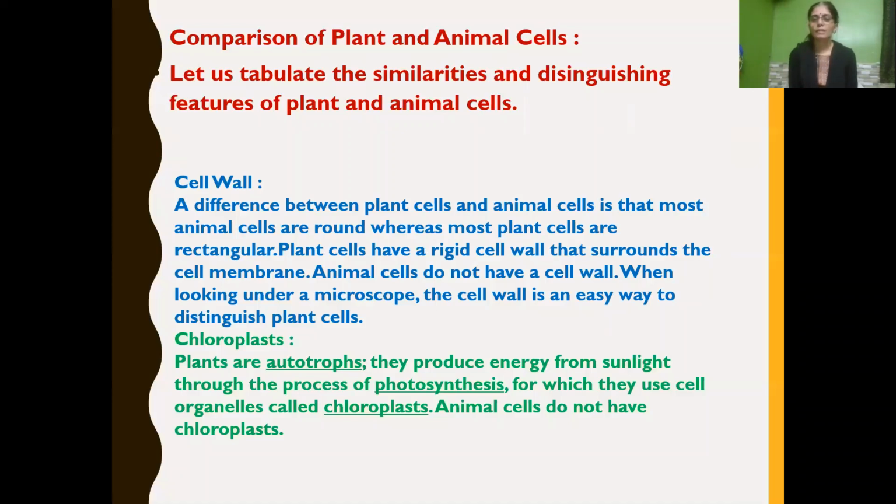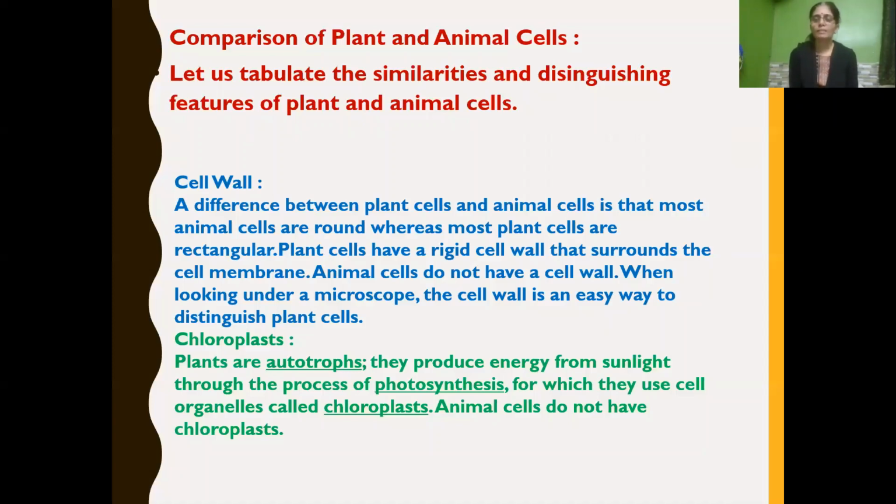First, let us differentiate between plant cell and animal cell. If you see the shape, animal cells are mostly round in shape, whereas most of the plant cells are rectangular in shape.